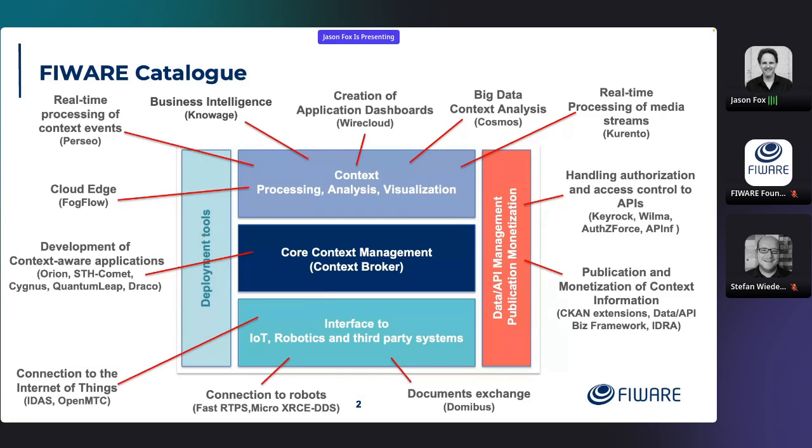If you look at the basic overview of the FIWARE catalog, you will see on the right, and I've just put a selection of the security elements, crossing all three layers is the ability to handle authorization and access control.